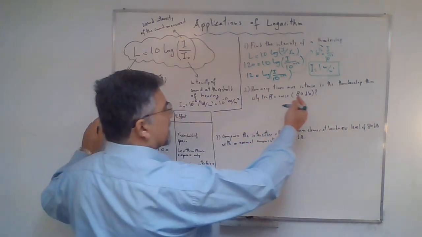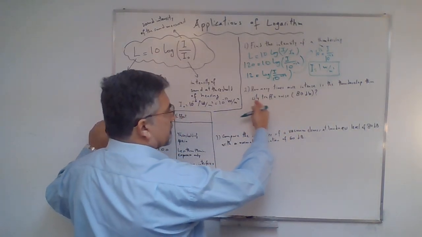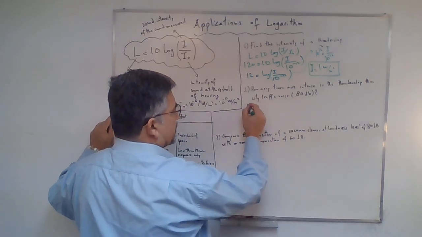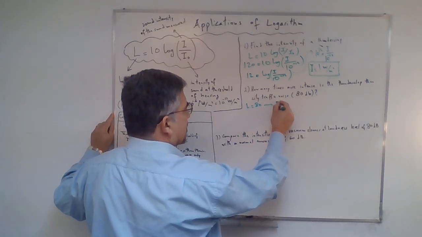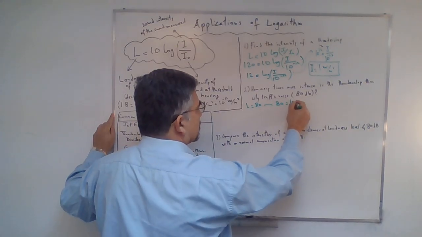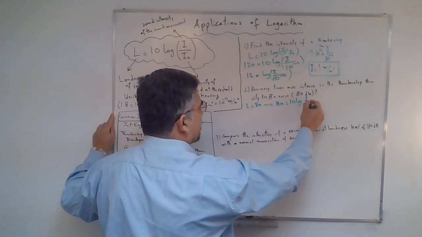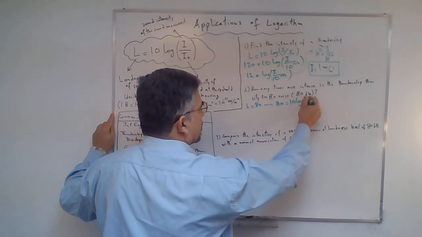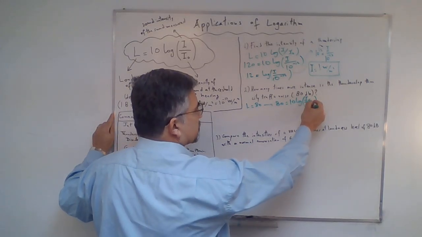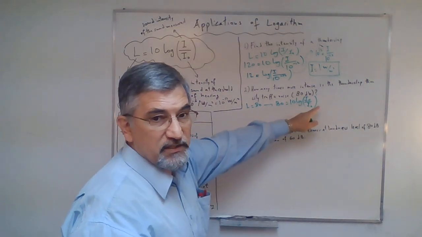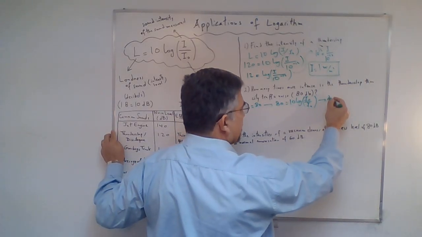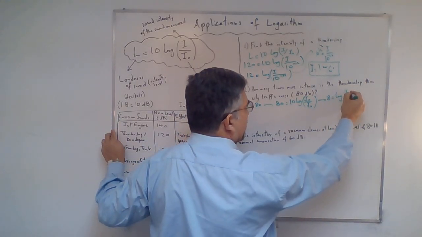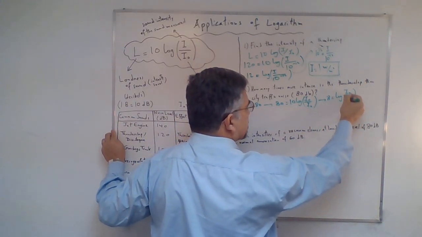So we're going to say for the city traffic, if the loudness is 80, this means that 80 equals 10 times log of I over I sub 0. But this I is for the city traffic, so I put the subscript of C here. Dividing both sides by 10, I'm going to get 8 equals log of I sub C over I sub 0.